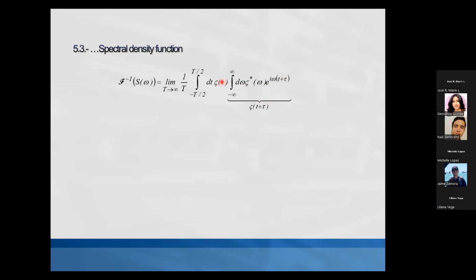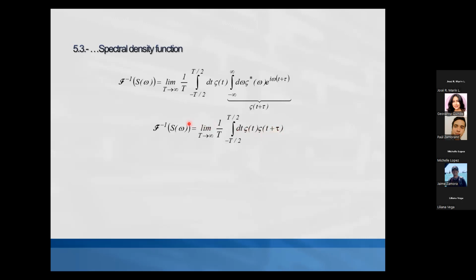But now you are integrating this times that, and you can recall that this is, by definition, the autocorrelation. You are relating the zeta at time t times the zeta at time t plus a certain interval of time, tau. So you try to determine how this value is related to itself, but shifted a certain amount of time, tau.